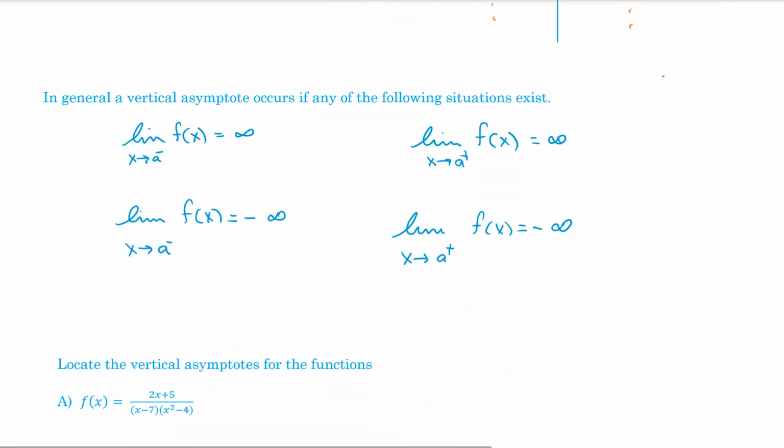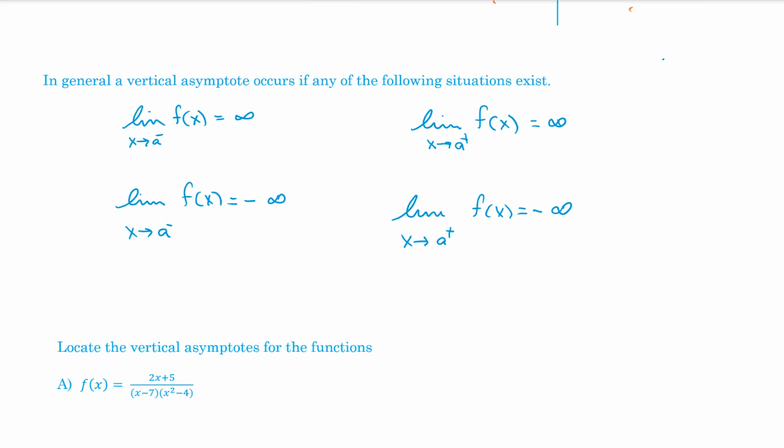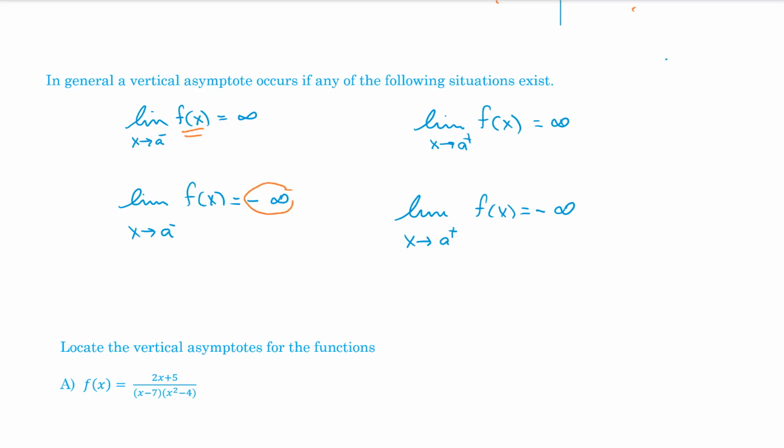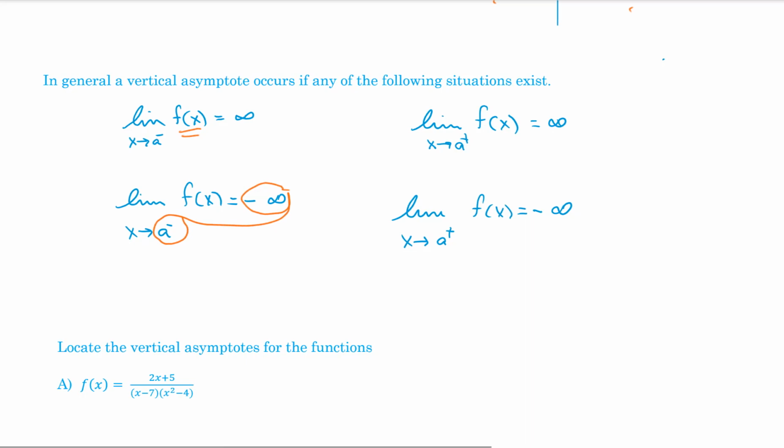In general, vertical asymptotes occur if any of the following situations exist. If you have a limit of f of x, and that limit is going to infinity as you approach some number from the left side, or the limit is going to negative infinity as you approach some number from the left side, that's going to be an asymptote.